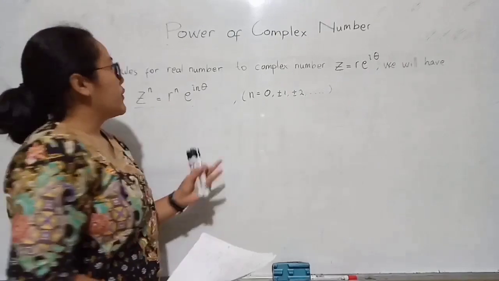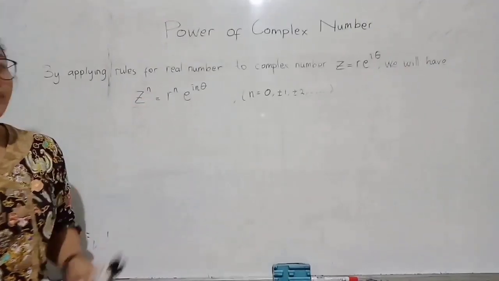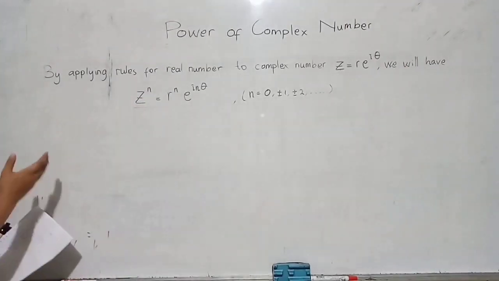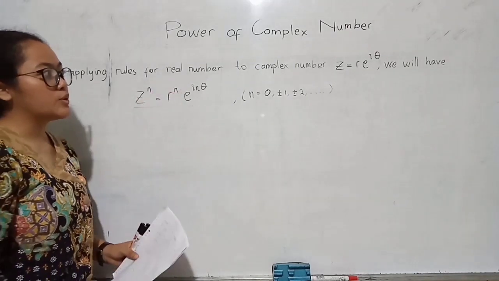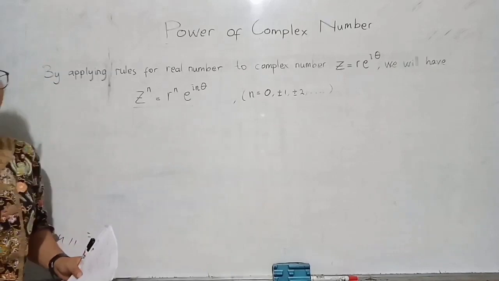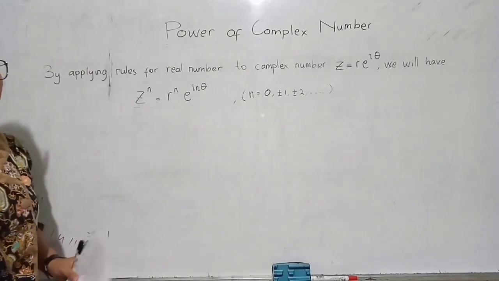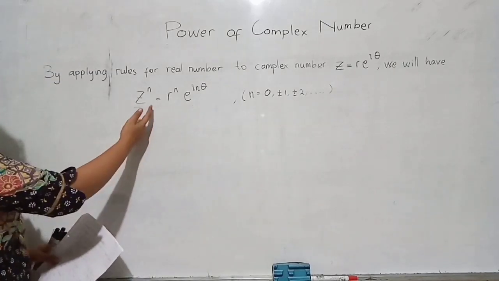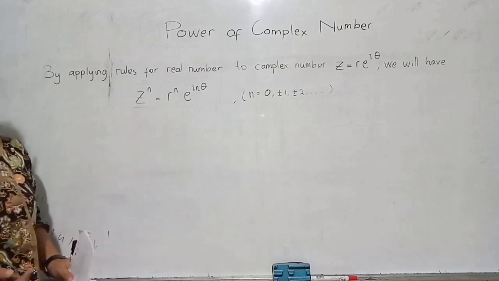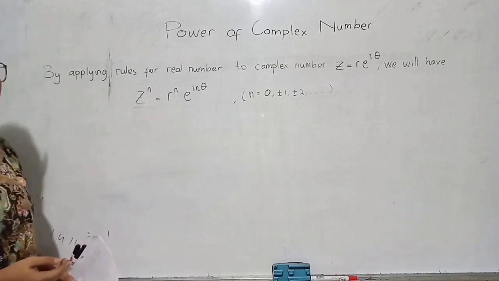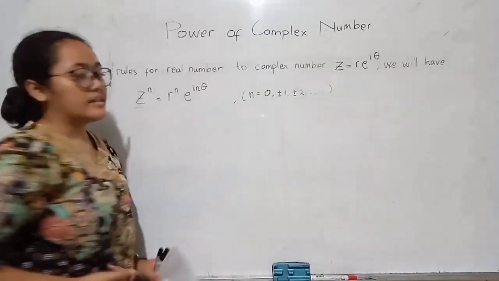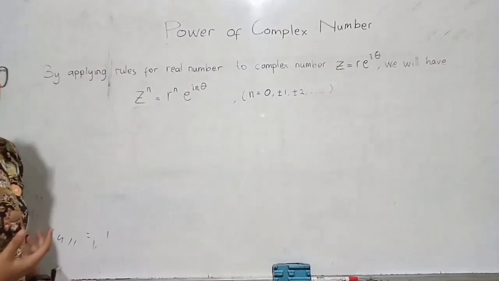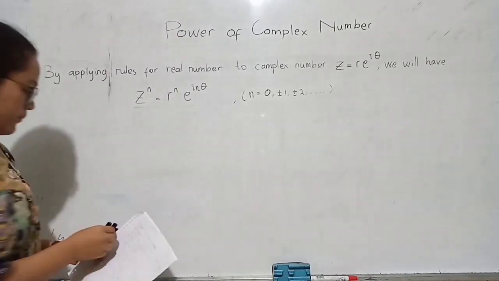Okay, now we will talk about power of complex number. By applying the rule for real numbers to complex number Z equal to r times exponential i theta, we will have this one: Z power n equals r power n times exponential i n theta, where n equals 0, plus minus 1, plus minus 2, and so on.